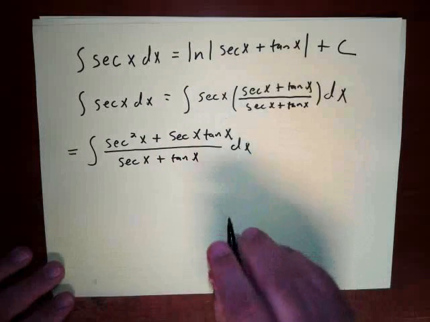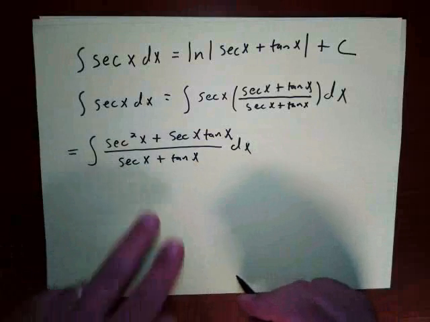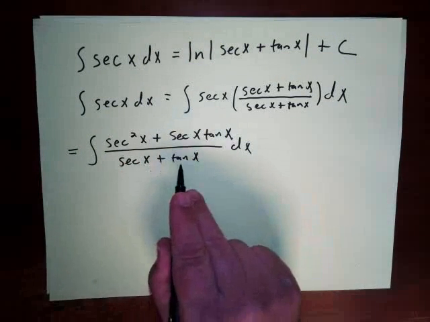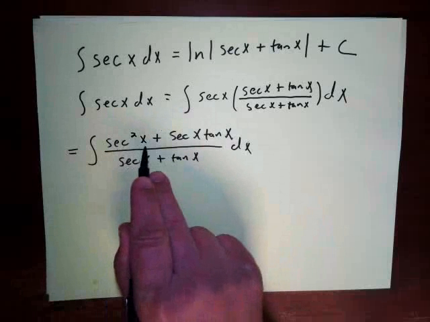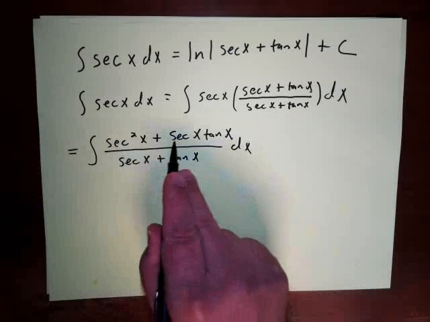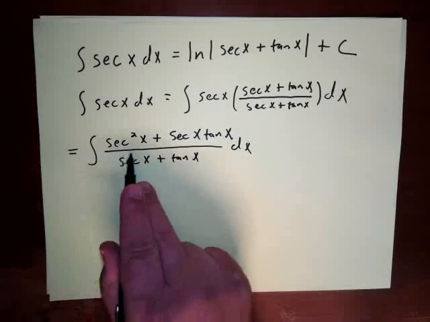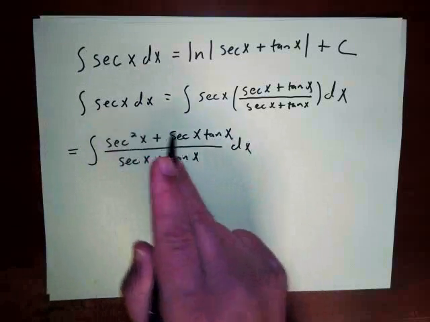And then commuting those two around, it doesn't matter. Addition is commutative. The derivative of tangent x is secant squared, and the derivative of secant x is secant tangent x. So the derivative of that bottom is equal to the top.